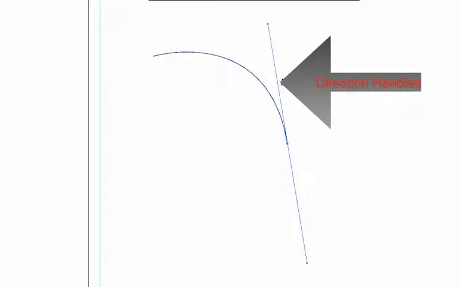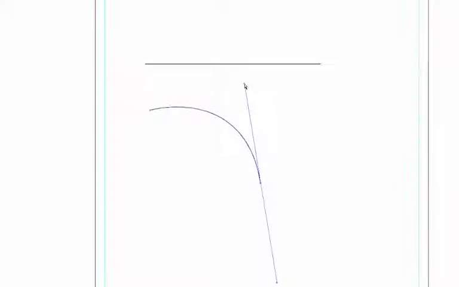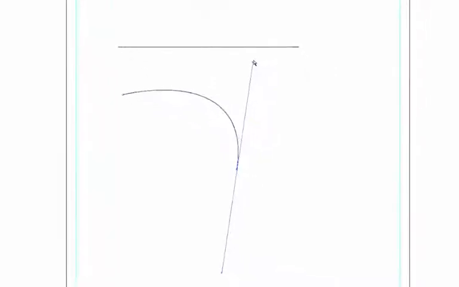These direction handles you could control with the direct selection tool. If you select the direct selection tool and you click on one of the direction lines, you could control the curve after you have created it, so you don't have to keep holding the pen tool. And that will give you a smooth curve line.